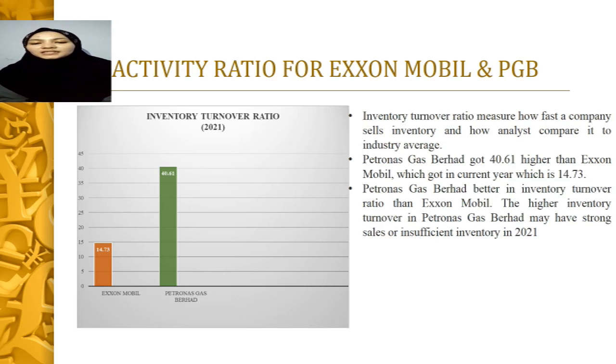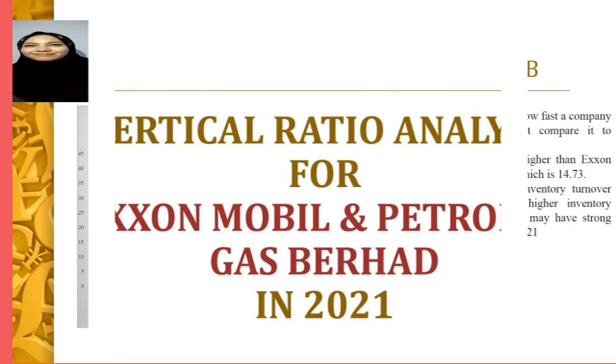This indicates that ExxonMobil may have a few problems communicating with their clients regarding their debts and the company's expectation of payment. The lower the average collection period, the more efficient the business is at collecting payment from its customers. A high average collection period is a serious problem for any business or firm.